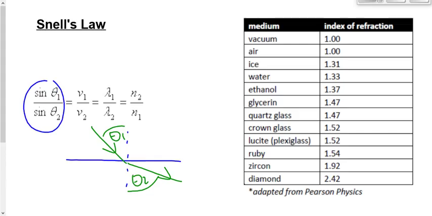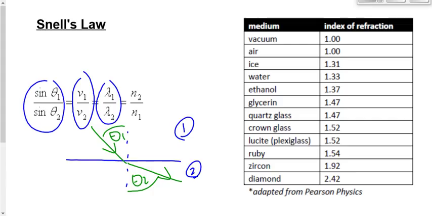The ratio of the sines of those angles is equal to the ratio of the speeds in those 2 media. So however fast the light is moving in medium 1 compared to the speed of the light in medium 2, which is equal to the ratio of the wavelengths. Be careful on this one.